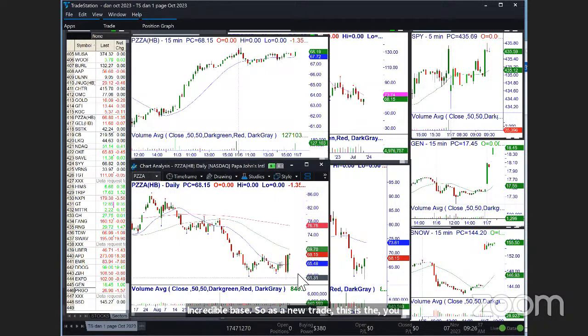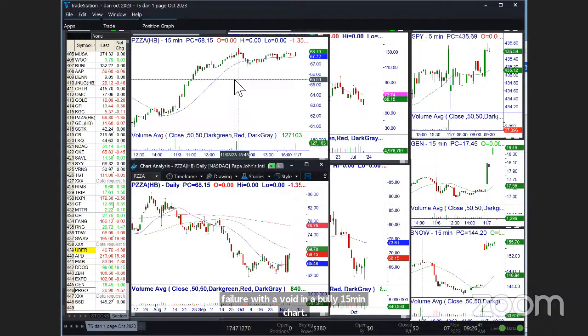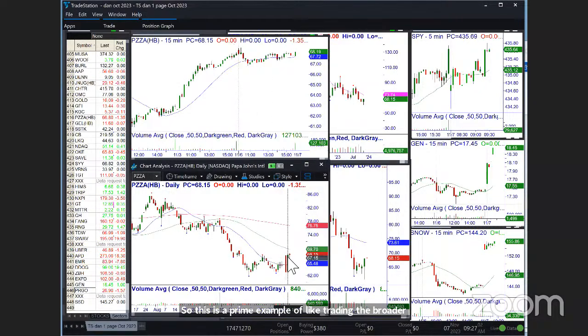This is a beautiful 180 reversal after breakdown failure with a void in a bullish 15-minute chart. So that looks fantastic as a day trade over yesterday's high. Let's give it 5-10 minutes in the green room. But this is a prime example of I ain't trading the broader markets that are up 5 bars in a row. This is a new setup.